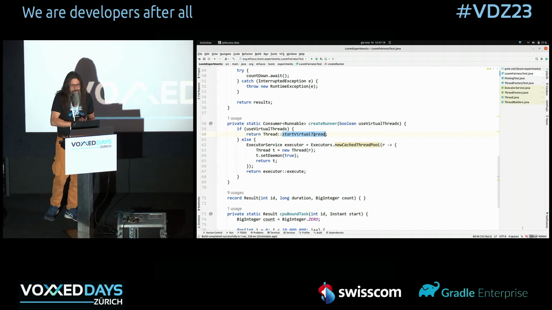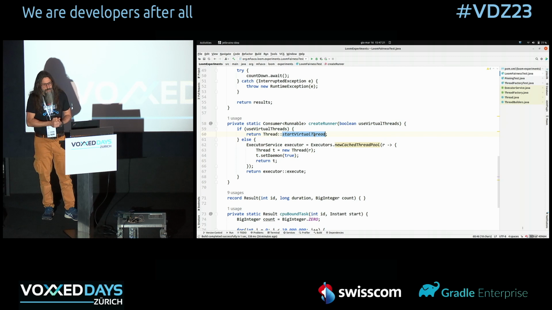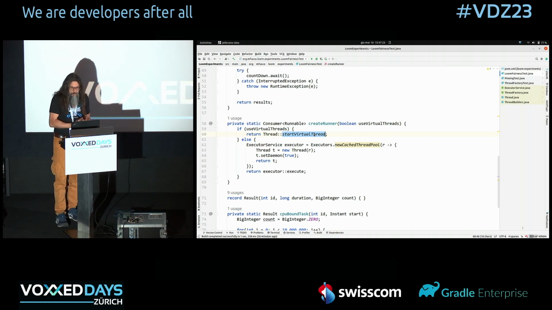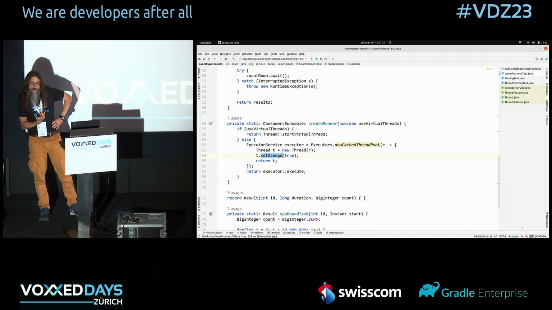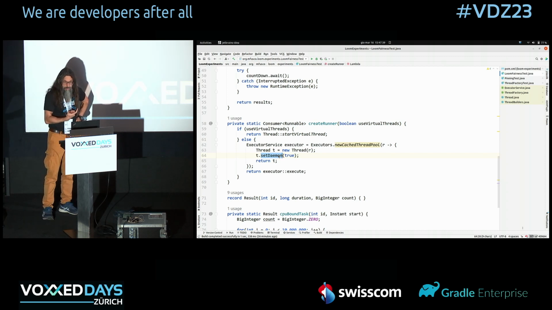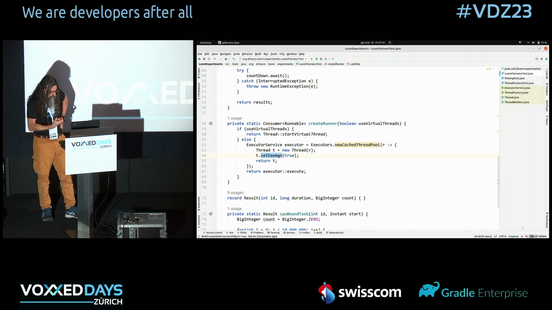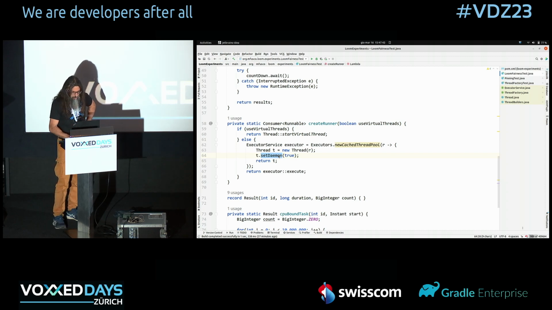You are really wasting memory to pool them. It's not really useful. And the other thing is that I created this executor, and for native threads, I'm saying that the native threads are daemon, meaning that they cannot keep the Java virtual machine alive if they are the only ones alive on the JVM. You also don't need to do this for virtual threads because they are daemon by default.